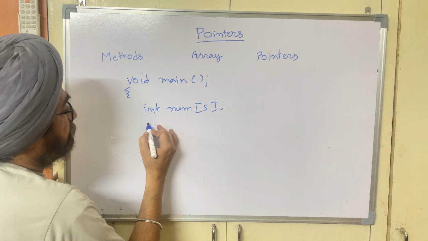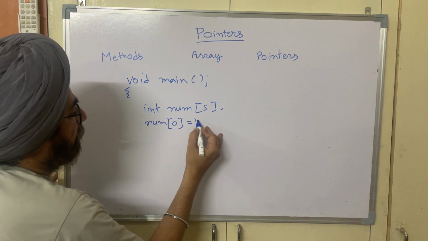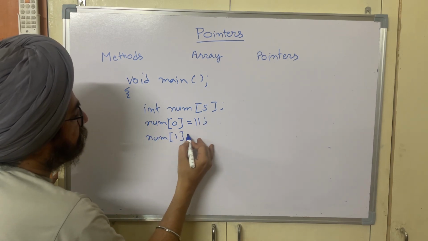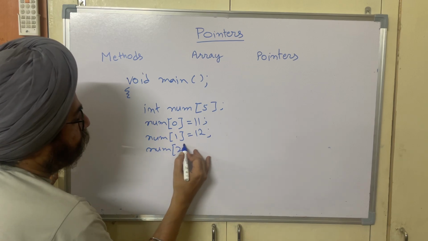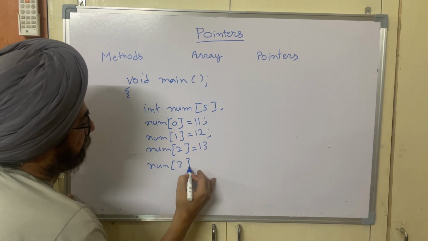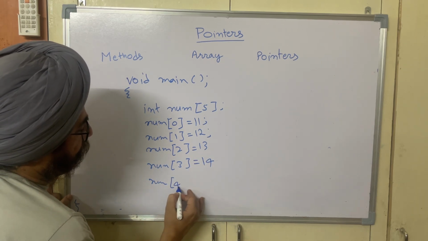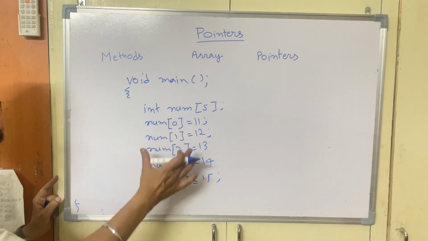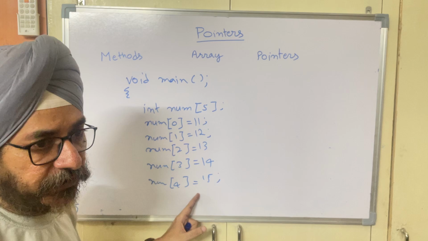We can define it by putting values: num[0] equals 11, num[1] equals 12, num[2] equals 13, num[3] equals 14, num[4] equals 15. So 5 elements there. That is the number of elements.